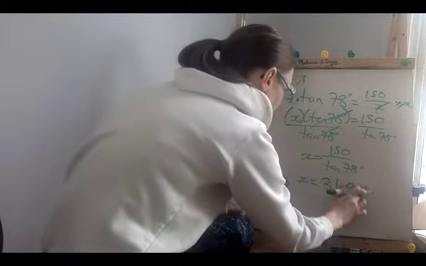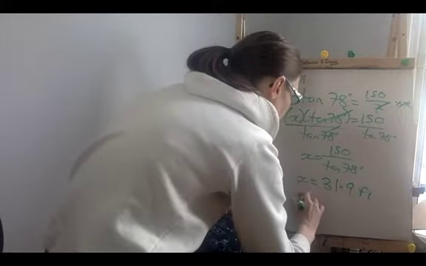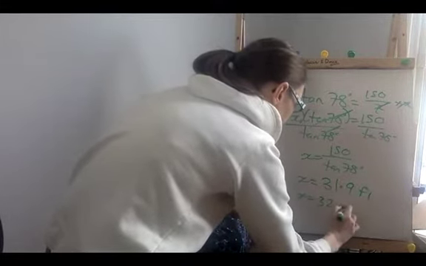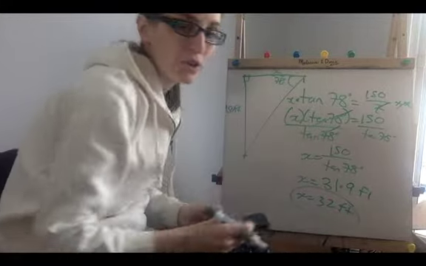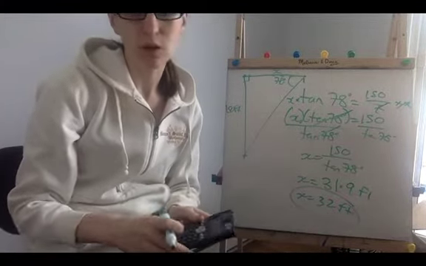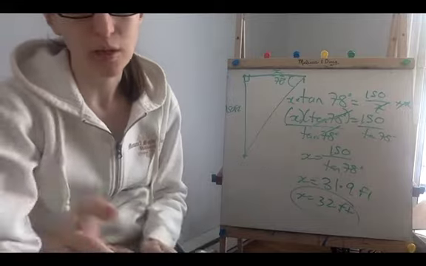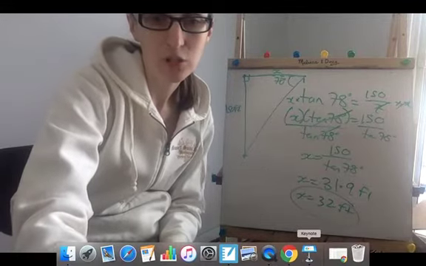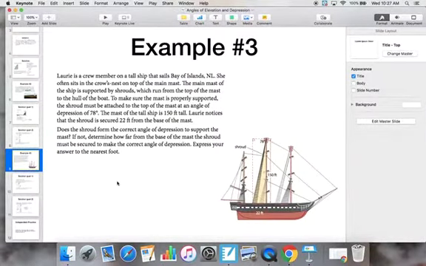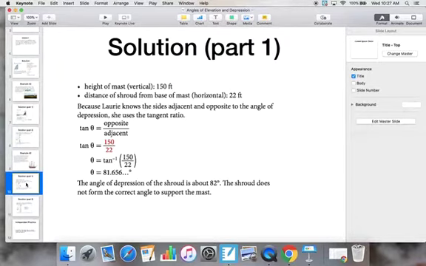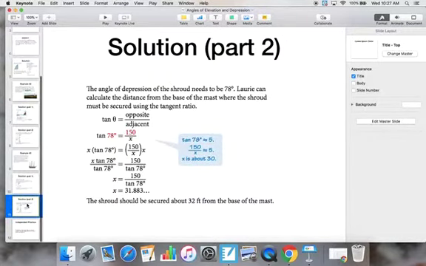Actually we're solving for side length, feet, so let's call it 32 feet. So really that shroud should be placed 32 feet away from the base of the mast, not the 22 feet that it says in the question. So if you're not able to watch the videos, you just want to come back to this, the answers are here, explaining it, but away you go.